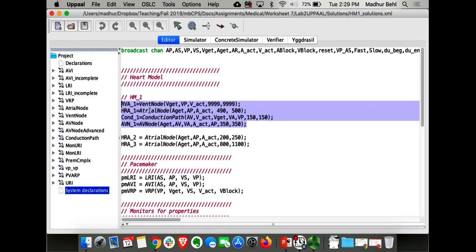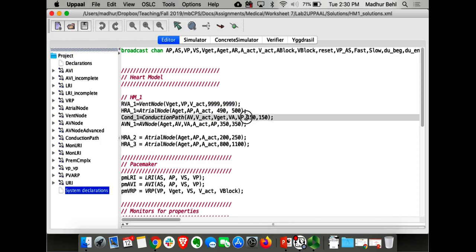So HRA is the atrial node with the correct name of the signals, and these are the arguments, which are the A min weight and A max weight. So I'm saying that anytime between 490 and 500 milliseconds, the SA node can depolarize. I'm not giving it a single value. Similarly, the ventricle node is just a large number compared to the SA node.